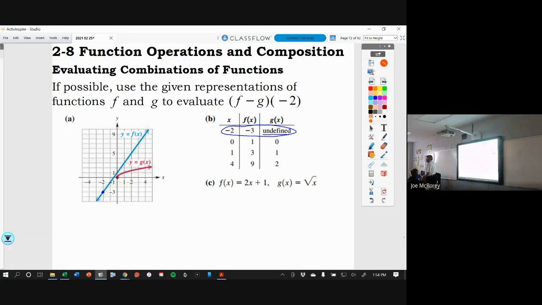It's not real, so we can't graph it. So the answer to this question is undefined. In all three situations, it is undefined. I don't see a graph there. It doesn't exist on the table, and it doesn't work with the equations.